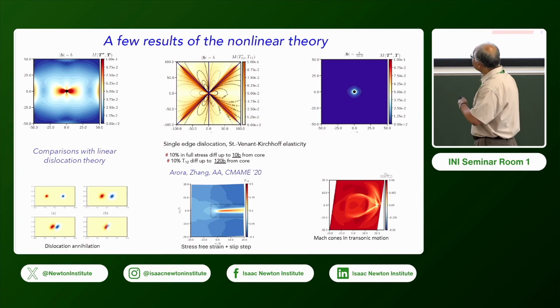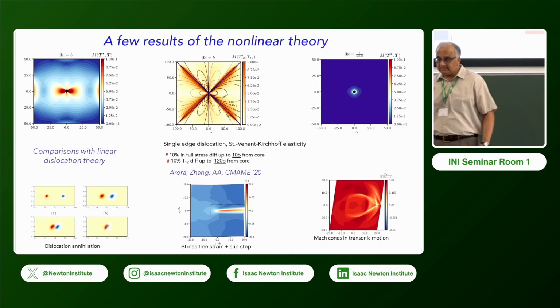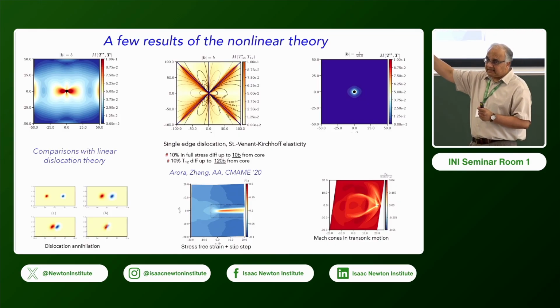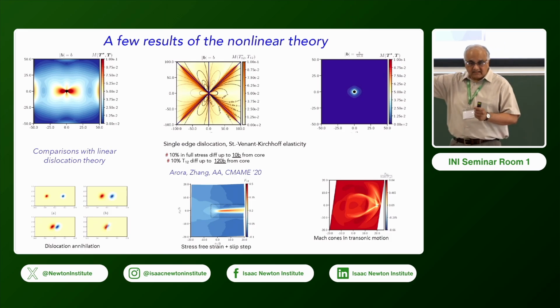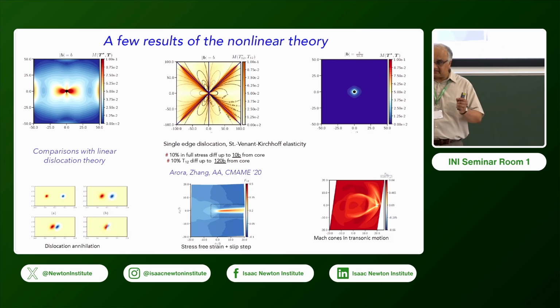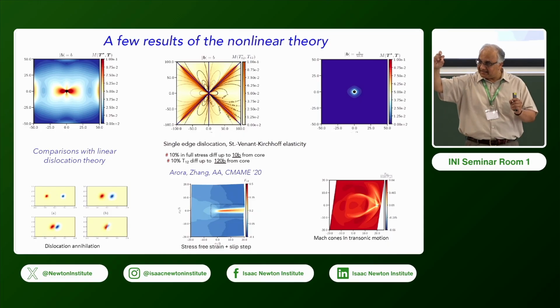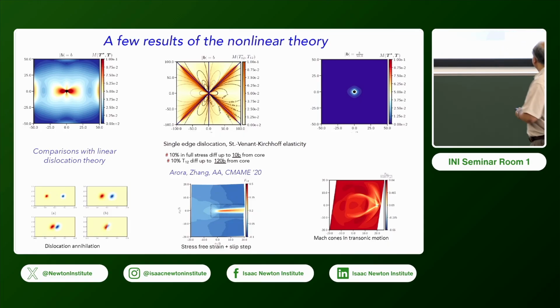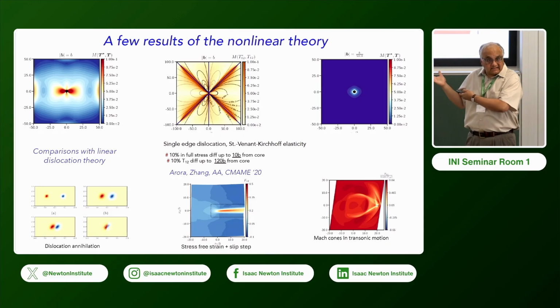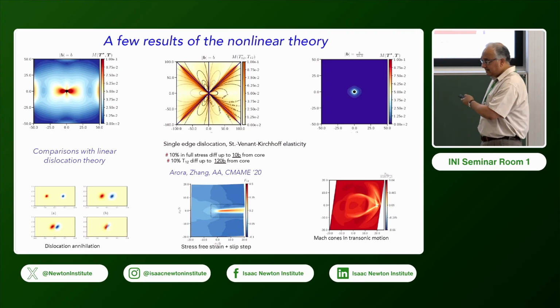However, along these diagonals, up to 120 Burgers vectors from the core, there are 10% differences in the stress field. So if a dislocation over here moves because of the stress from this one, up to 120 Burgers vectors, there are 10% differences in the stresses they'll see. Very good. Now we can put these things to the test. There are differences between linear and nonlinear theory.